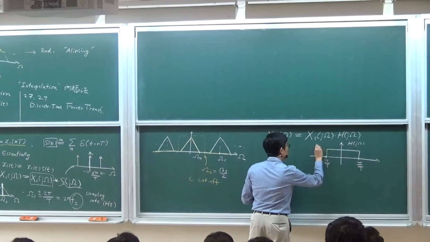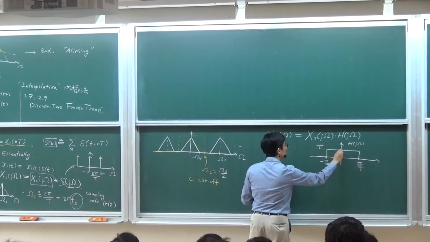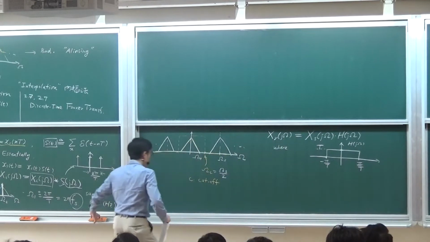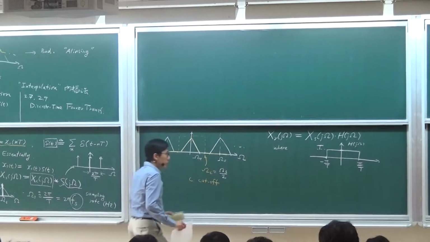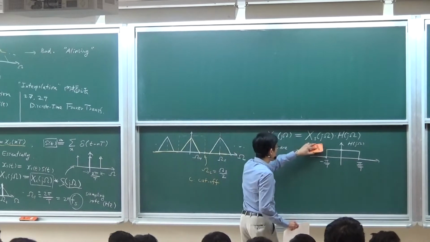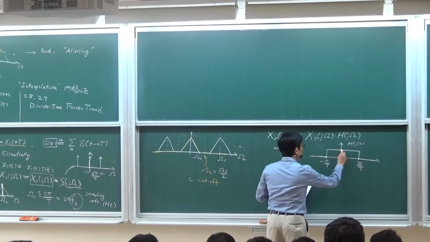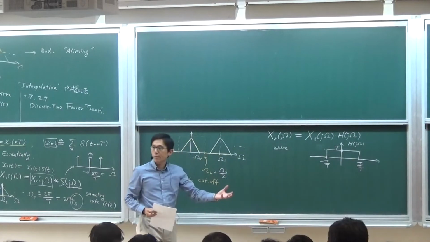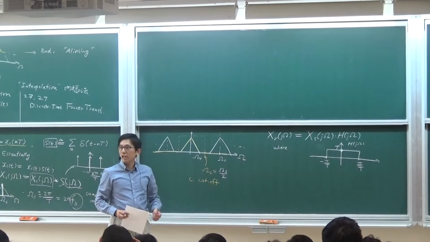We are going to select the height here to be T. It's not super important, the constant. Let's assume that the constant gain in the passband is T.